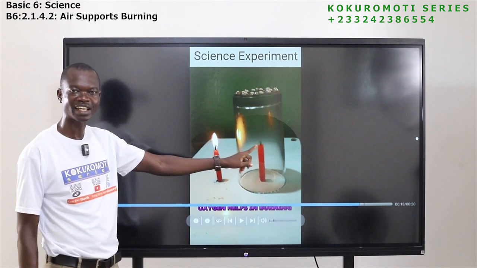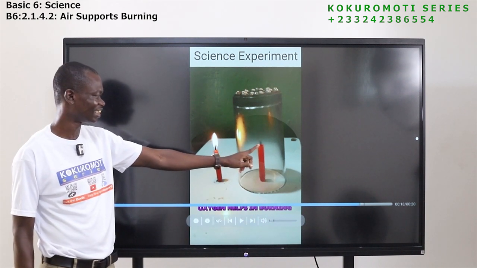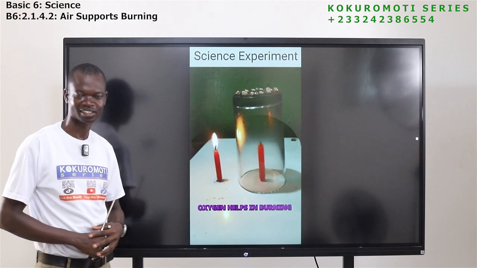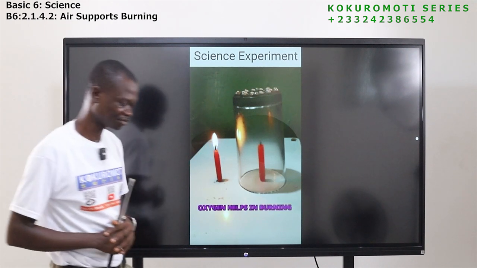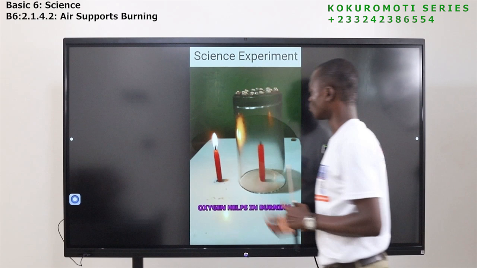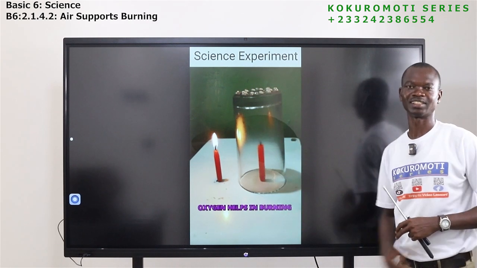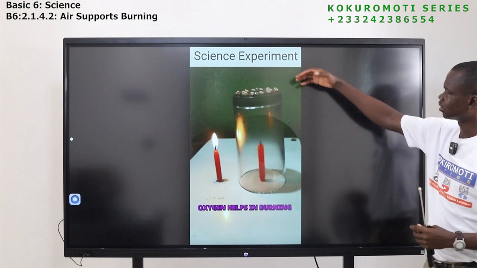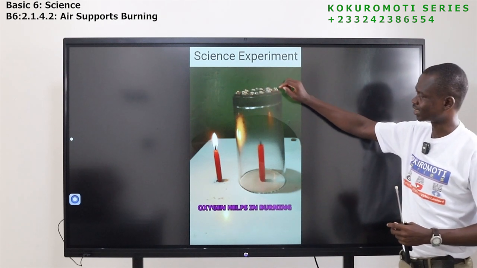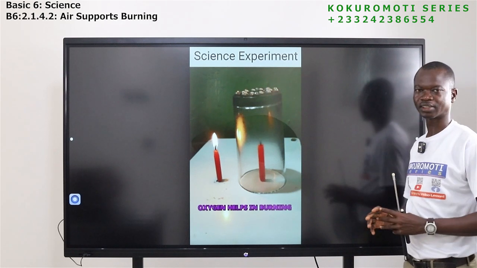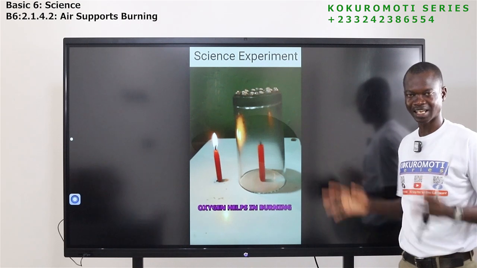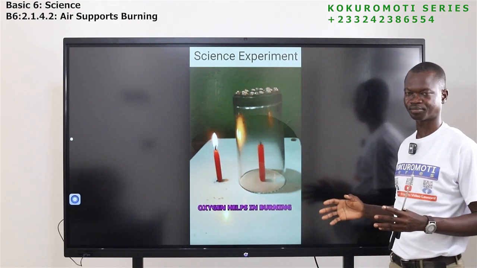Now do we see the fire here? You don't even see anything. But this one is still burning. What is the reason? Why is it that this one has stopped and this one is still burning? This one has stopped because it is covered with something, a glass container.